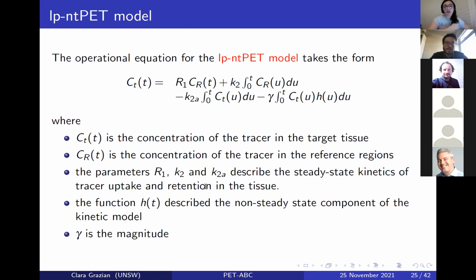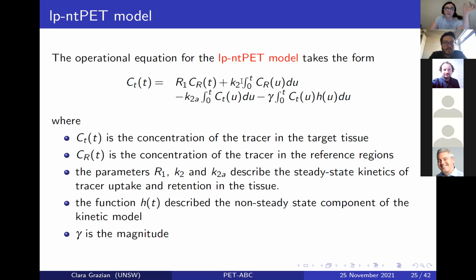So instead of using a one tissue compartment model, it is possible to use the LP-ntPET model, which has this form. Again, we study the concentration of the tracer in the target tissue, given by CT, and CR is the concentration of the tracer in the reference region, which plays a similar role to the input in the one tissue compartment model.